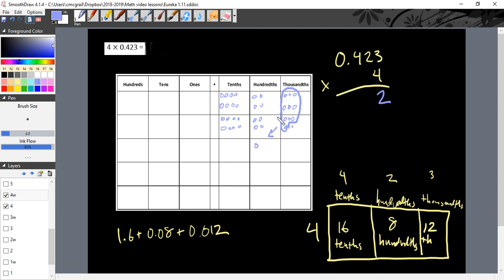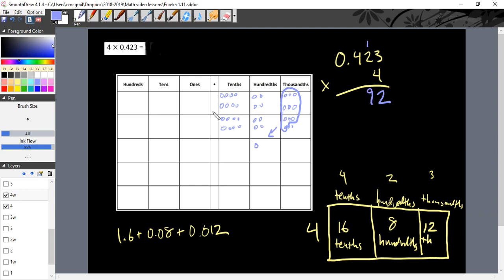I'm going to bundle my 10 thousandths into 1 hundredth. Now I can see that 4 times 2, I have 8 hundredths, but I have 1 hundredth left over from my thousandths. So I put my 1 up here. And that is why it's 4 times 2, but then I have 1 because it's 9.